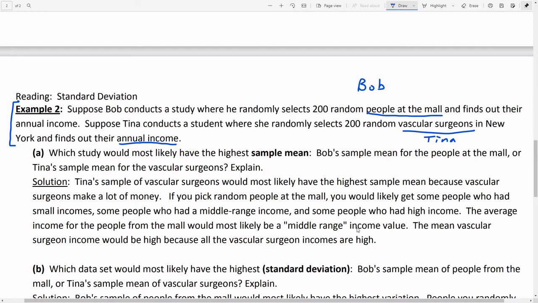You're starting to think about what that looks like. Surgeons, what do I know about their incomes? Doctors in general, surgeons. People at the mall. Who goes to the mall? That's hard to pin down. I don't know what their jobs are. Could be any kind of job. Surgeons, people with no jobs. Anybody could be at the mall.